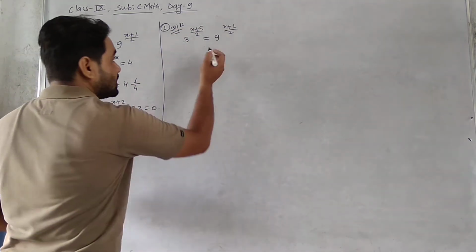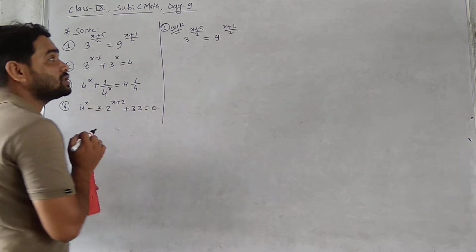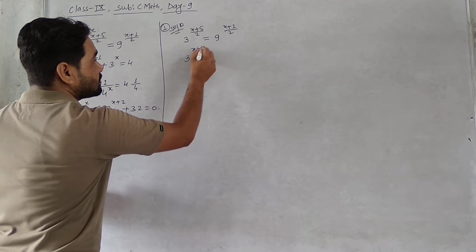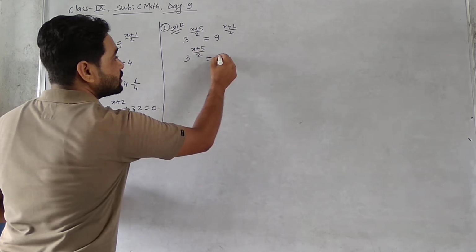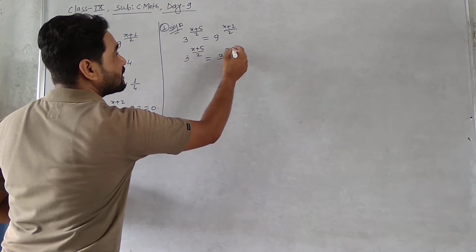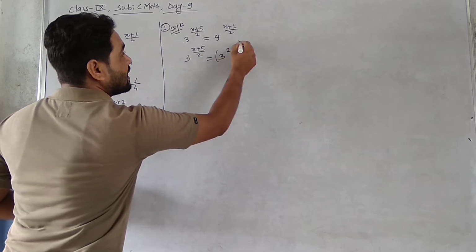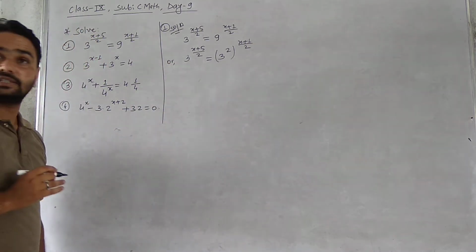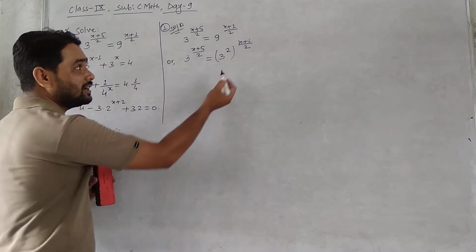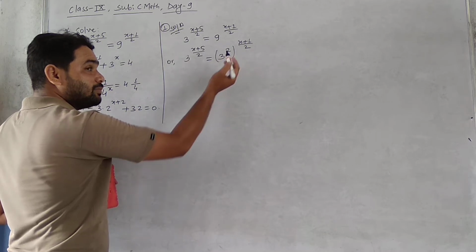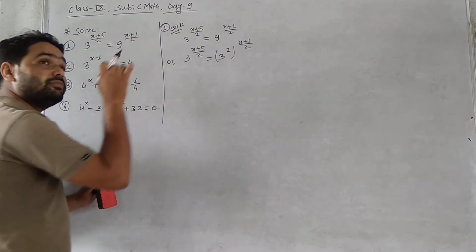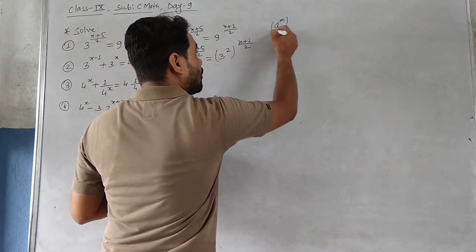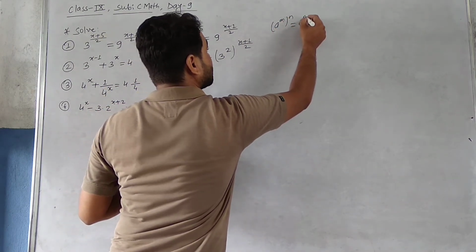So 9 can be written as 3 square. So let's write 3 power x plus 5 by 2 equals 3 square power x plus 1 by 2. In the indices law, if we have a power m whole power n, then we multiply the powers.